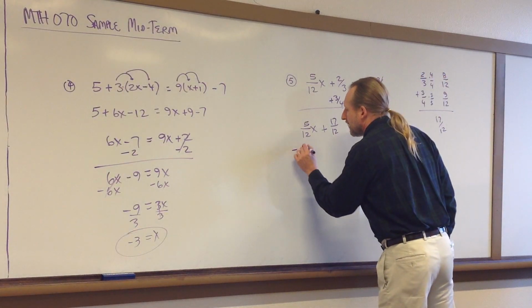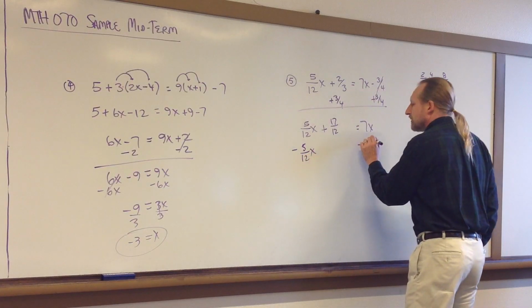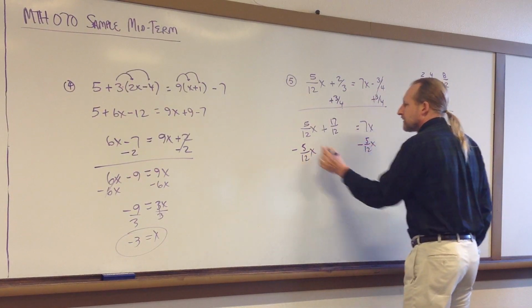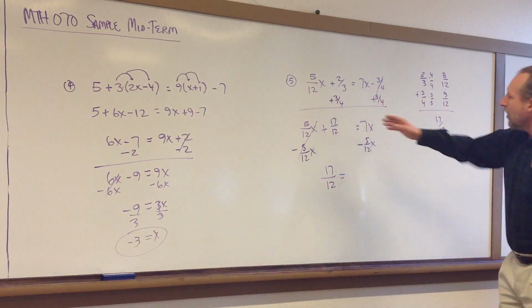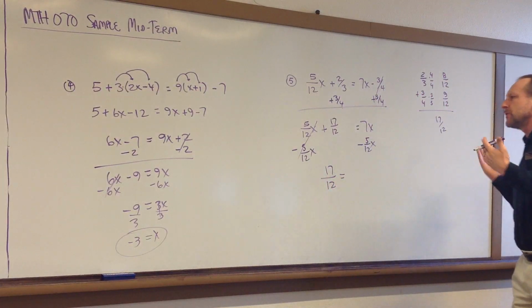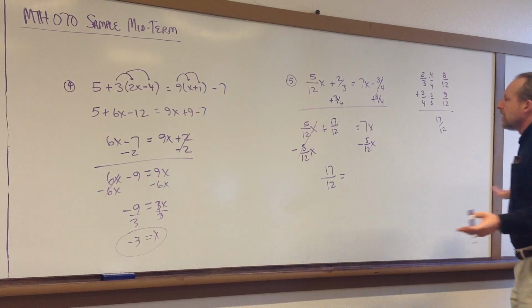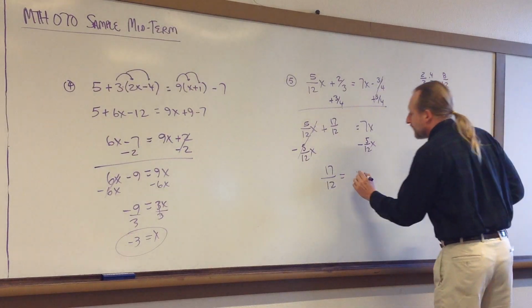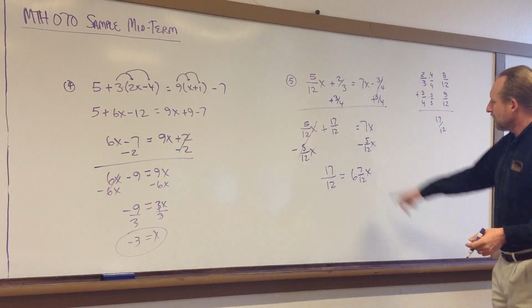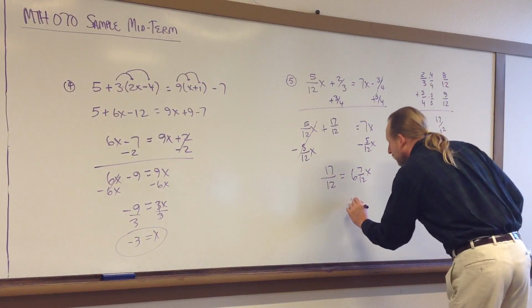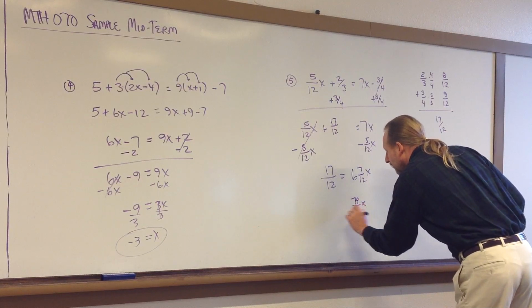Now we're going to subtract this 5/12 x on both sides. That'll leave the 17/12 there. Over here, 7 minus 5/12, you can do this on the calculator or not. What we're going to end up with here is 6 7/12, which is 79 over 12.